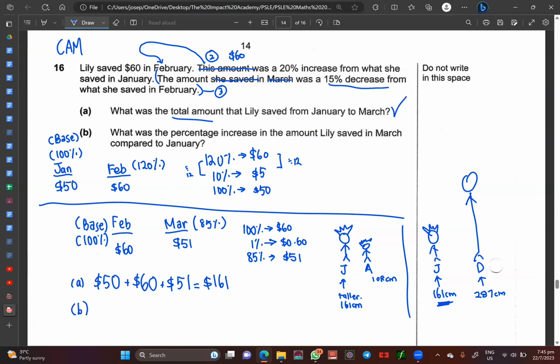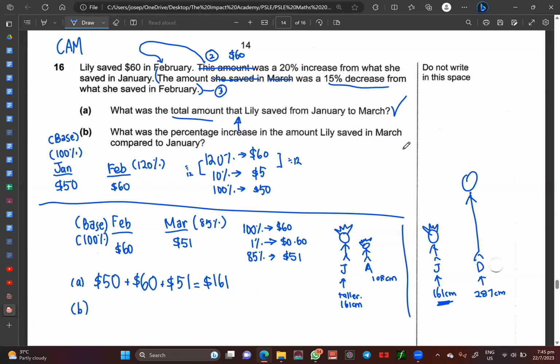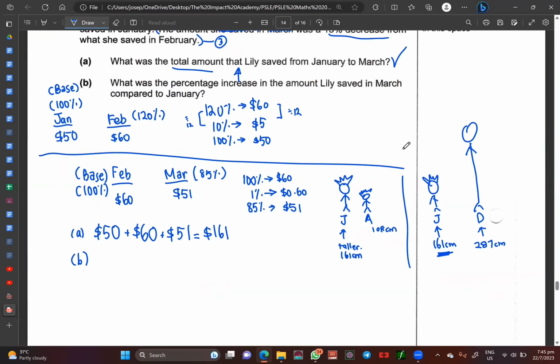For B itself, they ask us, what was the percentage increase in the amount saved in March compared to January? Don't worry. Ask yourself, whenever they ask for percentage increase, what comes to my mind first? I must always have change over original times 100.